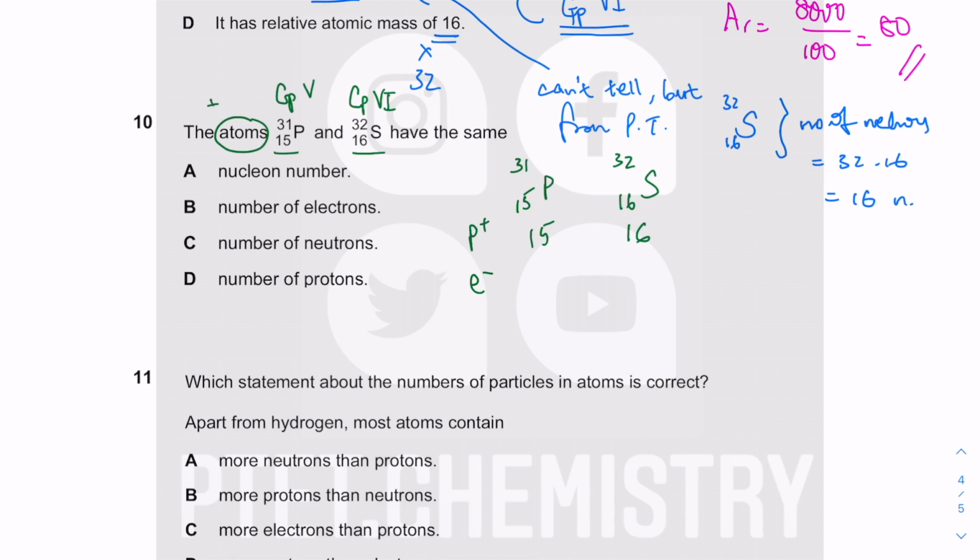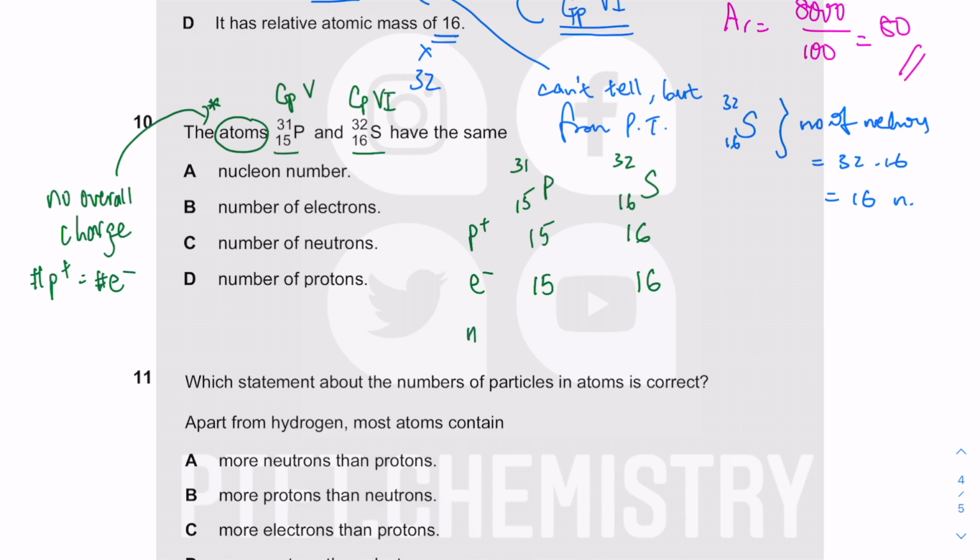These are atoms. Atoms mean no overall charge. Why? Because the number of protons equals the number of electrons, so the charges cancel out. Therefore the number of electrons equals the number of protons, so here it also has 16 electrons.